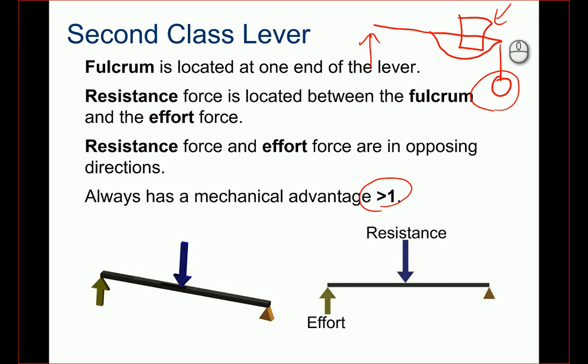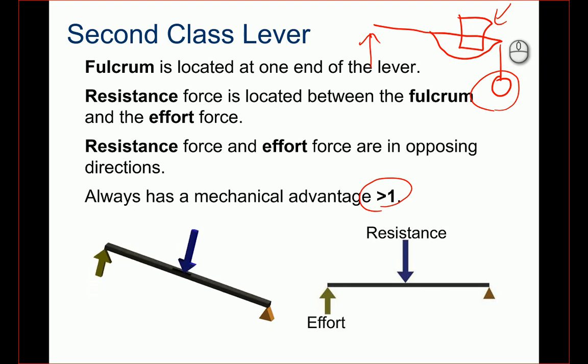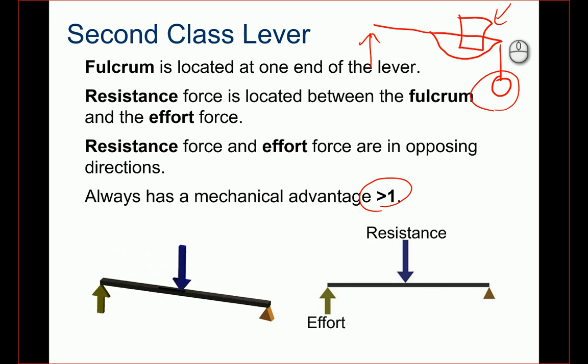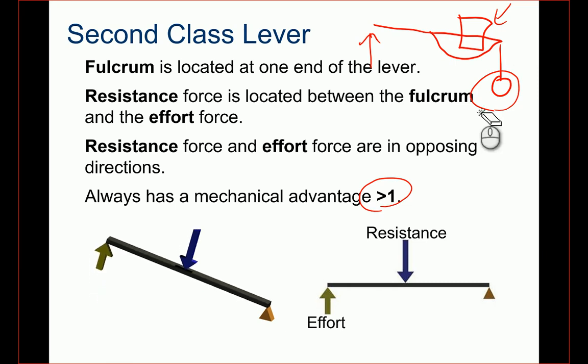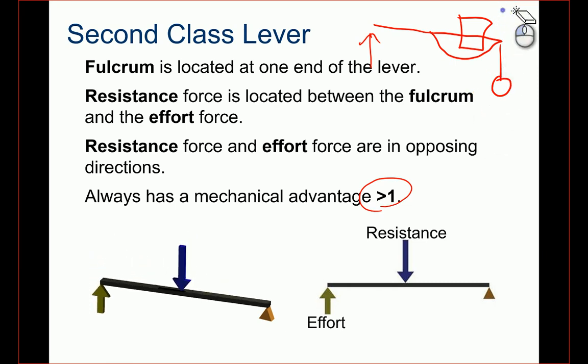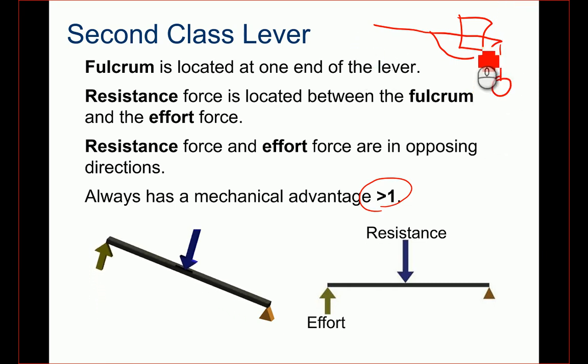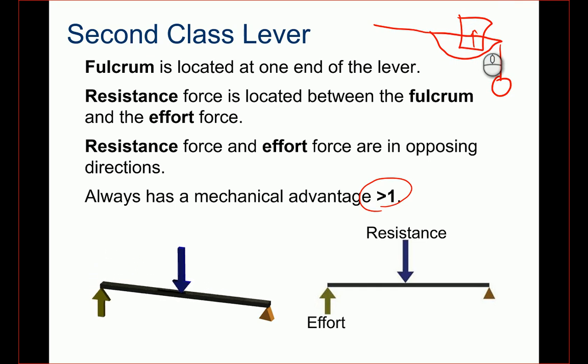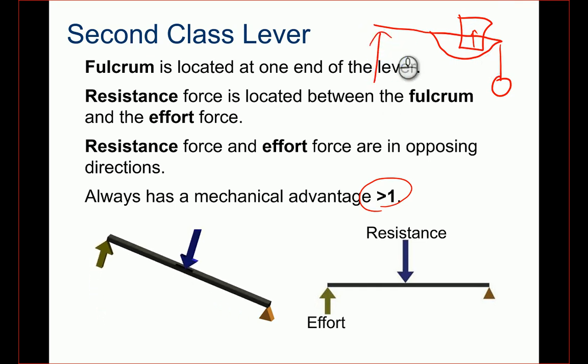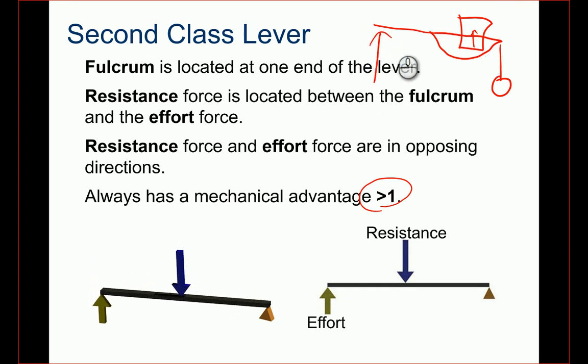Which mechanical advantage is greater than 1? Make my life easier. But notice, if I was to use simple logic, what travels farther? The resistant force moving up and down here, or the effort force moving up and down further away from the system?